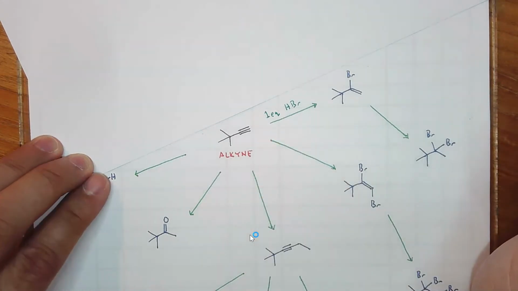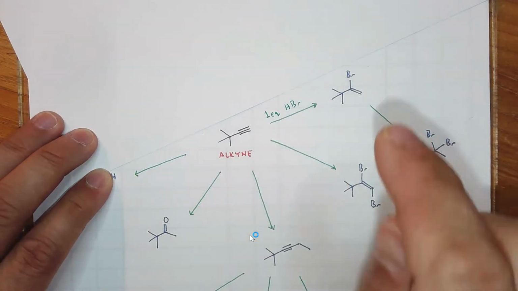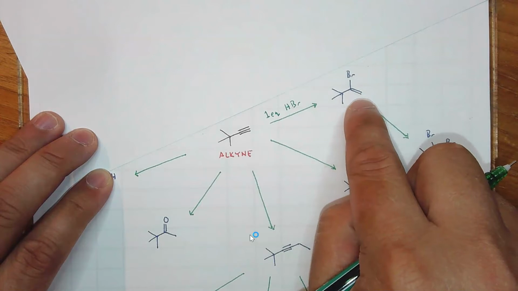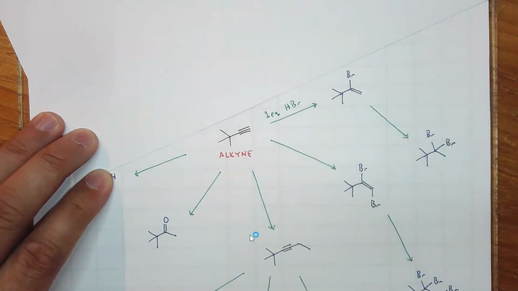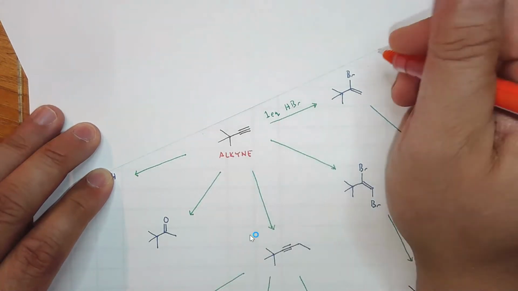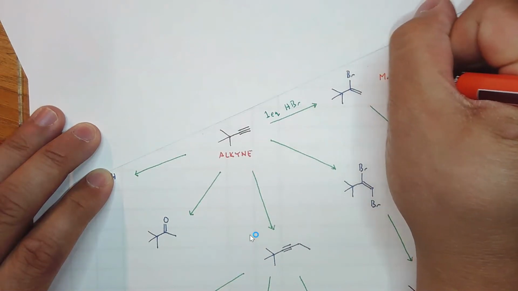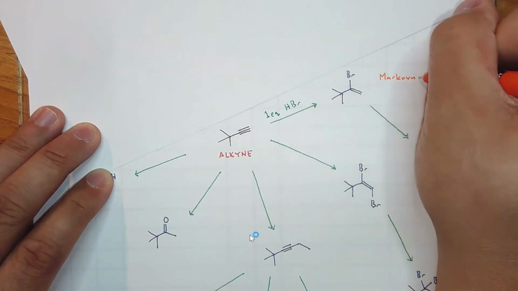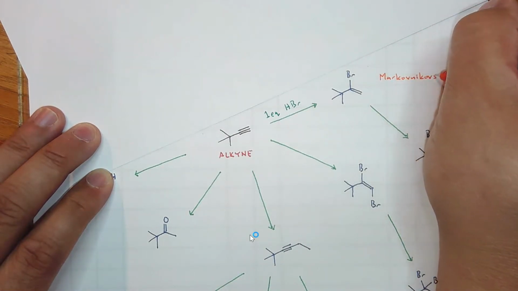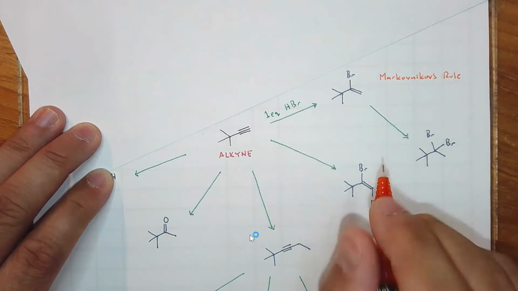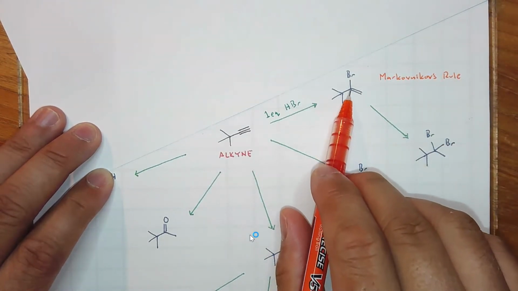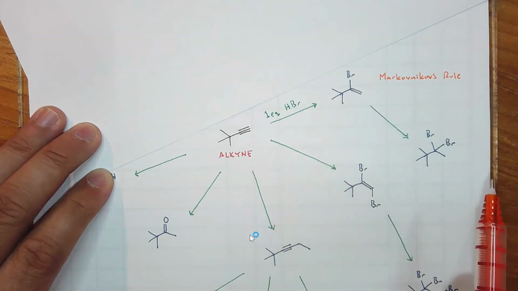It will just depend on their preference. And we put a Br on this carbon, the more substituted carbon. We are following Markovnikov's rule. And there is going to be in the mechanism a carbocation at the more substituted carbon.